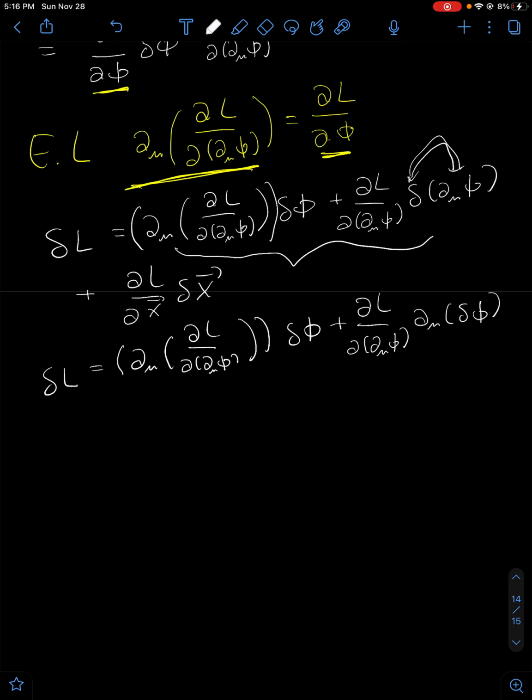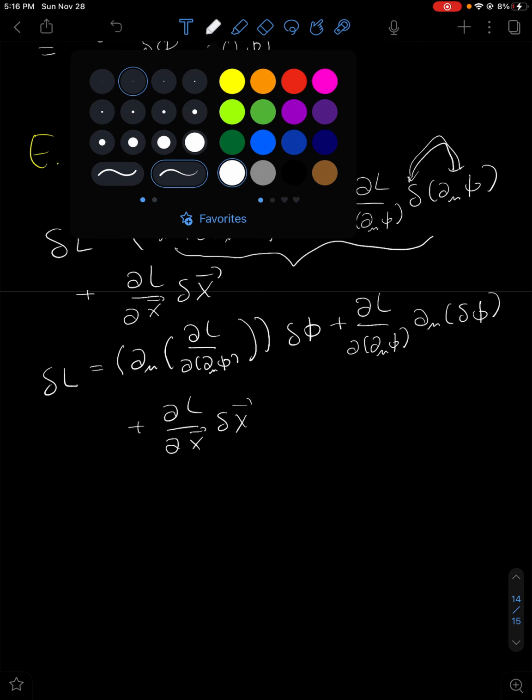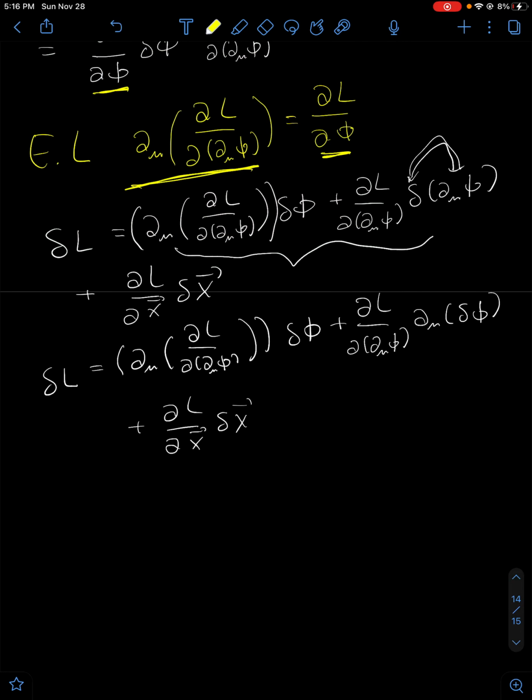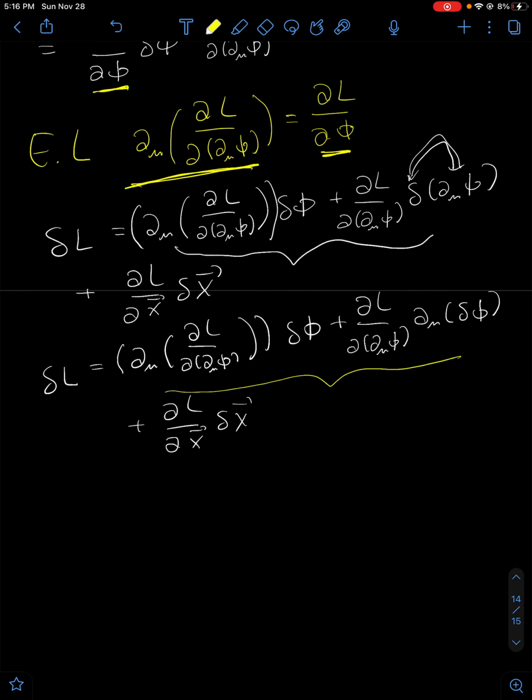So now we can actually combine. Oh, we forgot the partial L over partial x term. So now we can actually combine these terms together by using the chain rule.